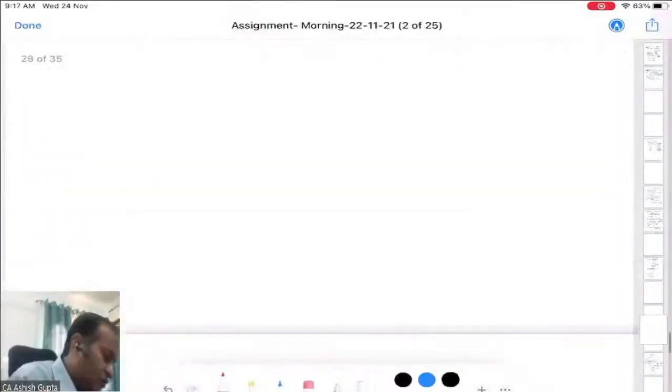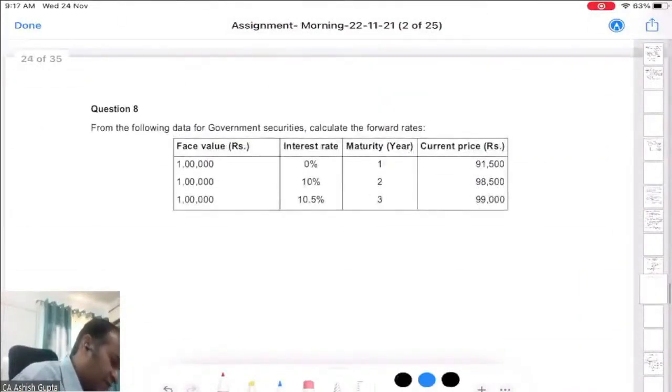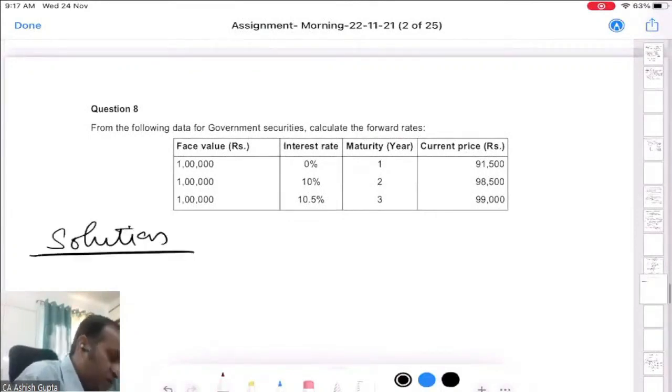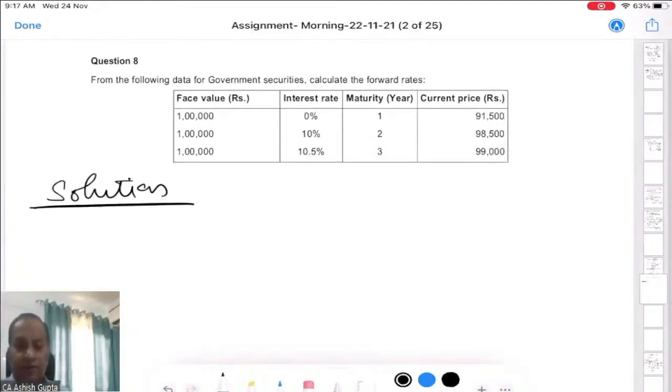Now we are coming to question number 8. That is the last question of this term structure. Then we shall proceed further. Please read the question carefully.